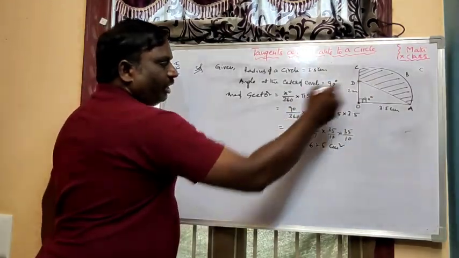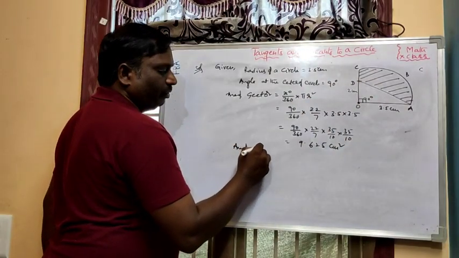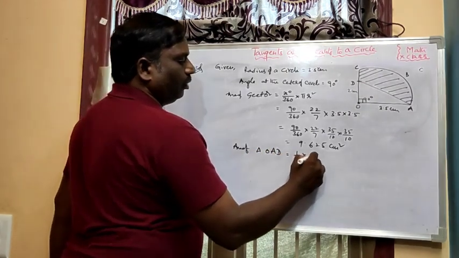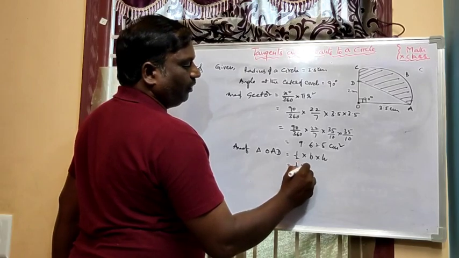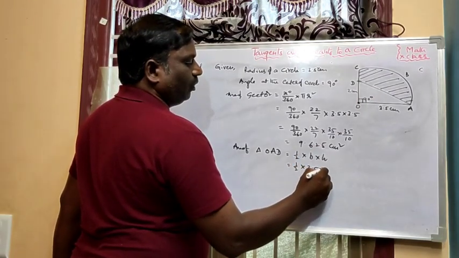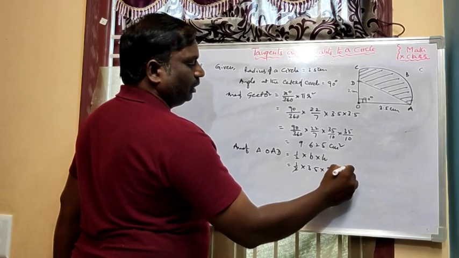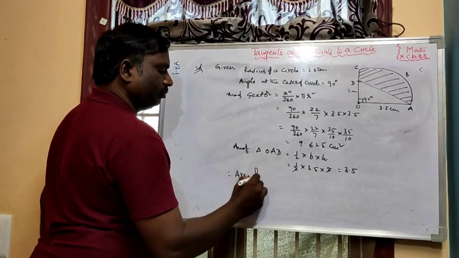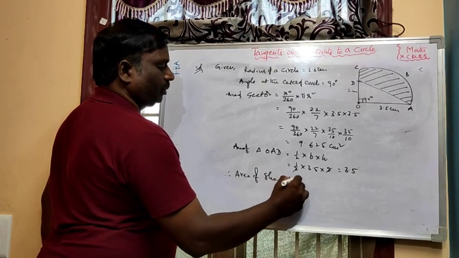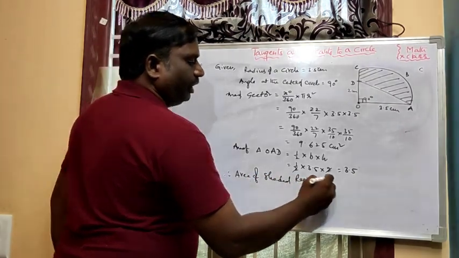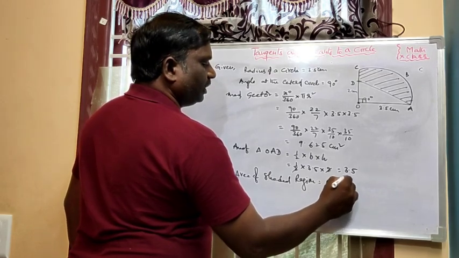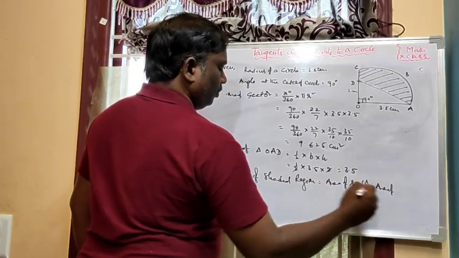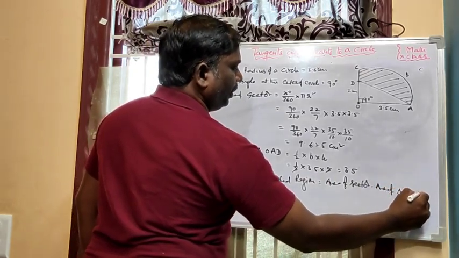And area of triangle OAD, half into base into height. The base is 3.5, the height is what? 2 gets cancelled, 3.5. So area of shaded region equal to area of sector minus area of triangle OAD.